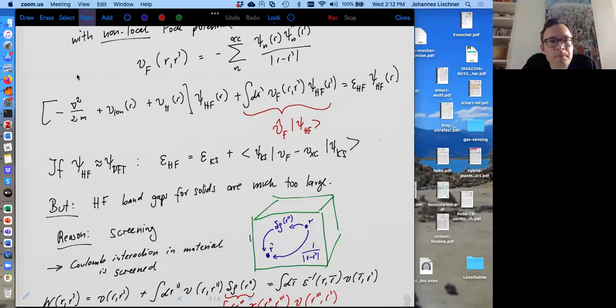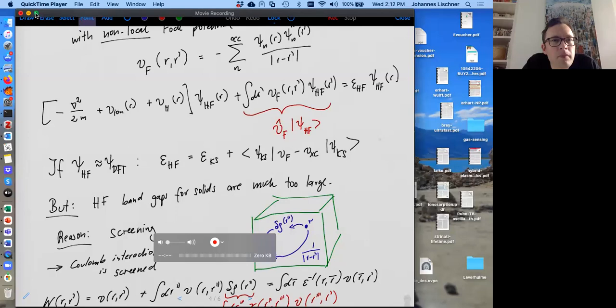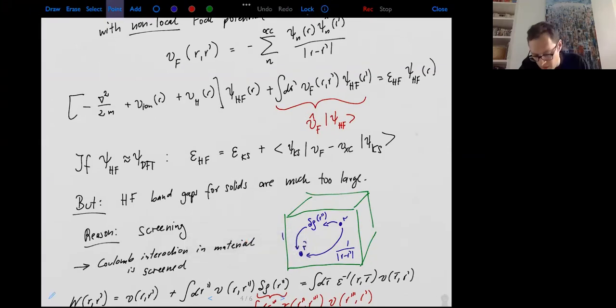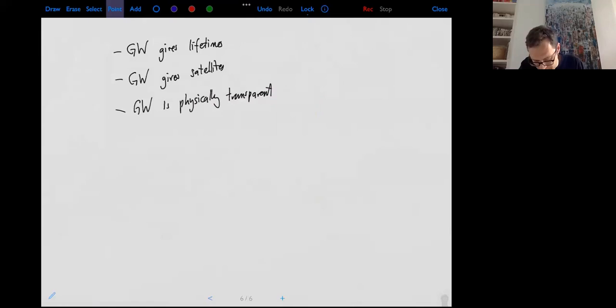And talk about basically how to derive GW, right? I mean, now I have kind of motivated it and told you what it is. The next thing I want to do is to basically tell you how you actually derive this theory from very basic considerations.